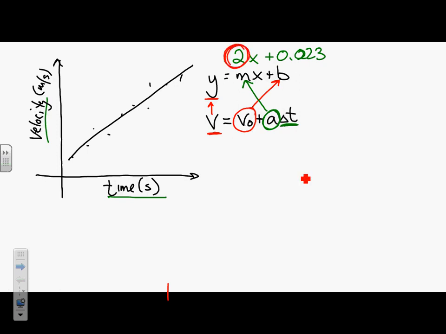It's the slope of this graph, all right? That's the acceleration. It's the slope on the velocity versus time graph. And that's because it matches up with this equation, our kinematics equation, all right? So we don't have any calculations to do at all. This is giving us the slope. This means that the acceleration based on my graph is just 2 meters per second squared.